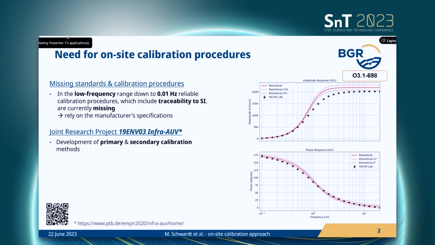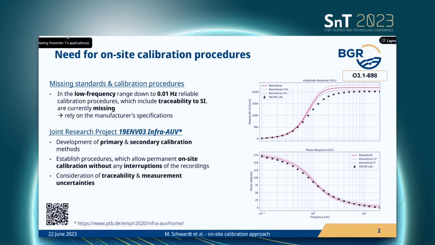So the calibration in the lab is very important, and now we have to move that traceability from the lab to the stations on site. This is one of the main goals of the Infra AUV project, of which most of you have probably heard by now. They develop not only primary and secondary calibration methods, but also on-site calibration methods.